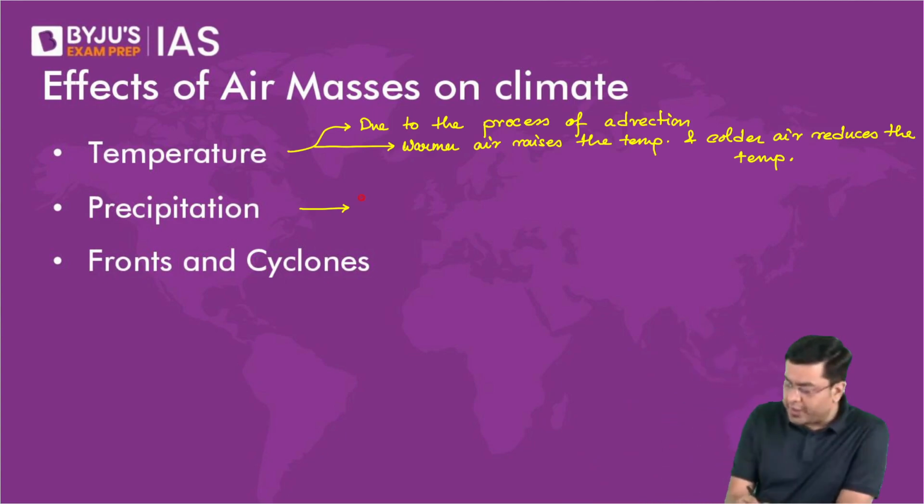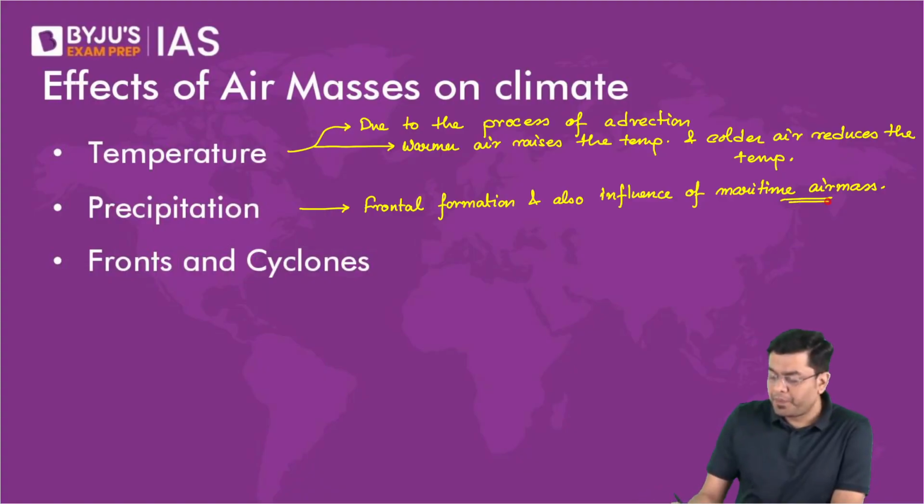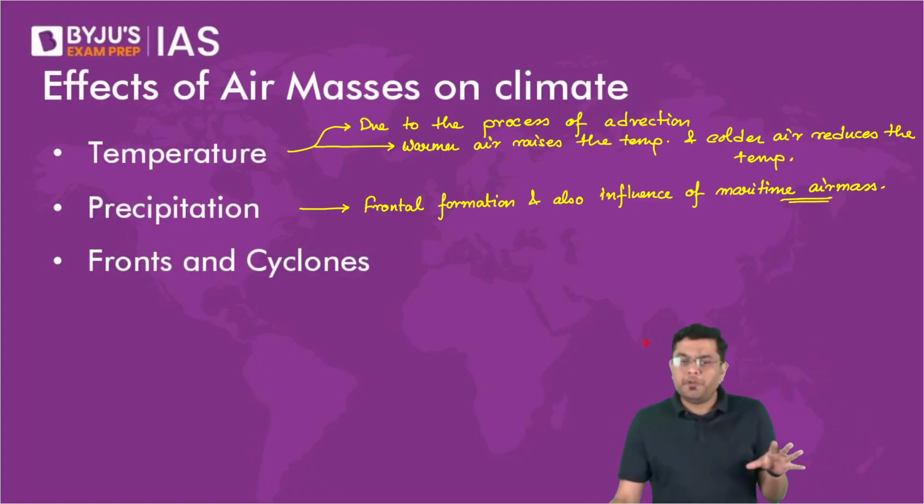So either due to frontal formation and also the influence of maritime air mass. Okay, so both will impact the rainfall.